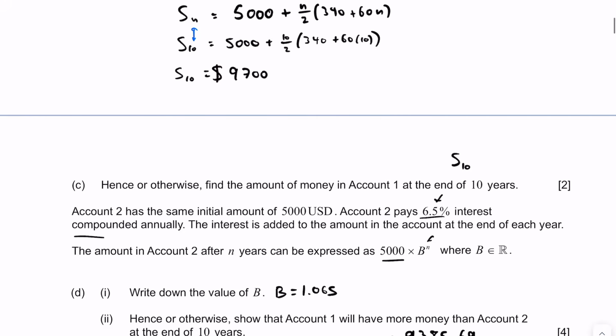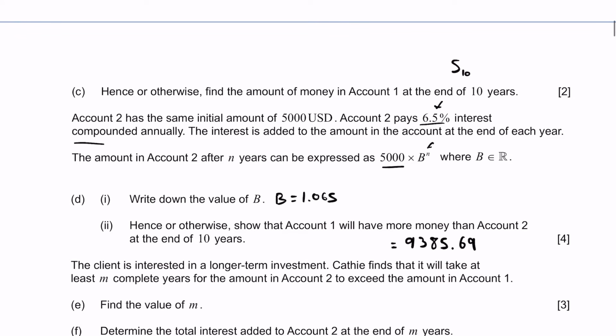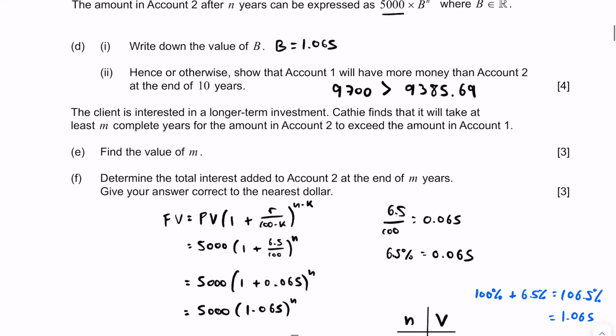We know that $9,700, that's how much we have in account 1, is greater than $9,385.69. All right.